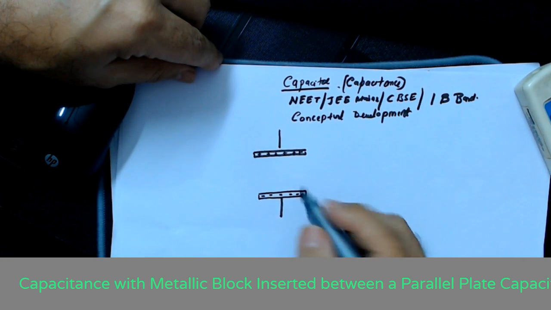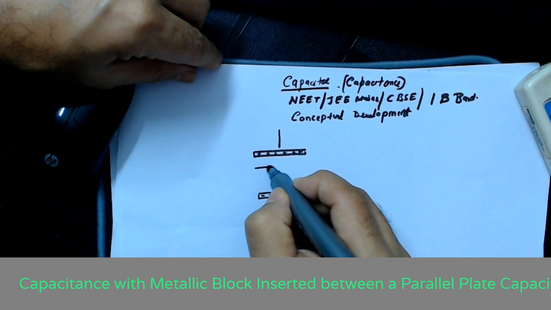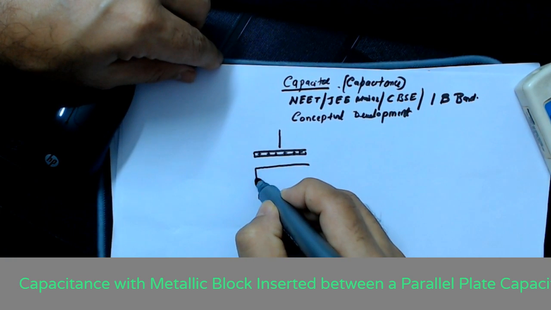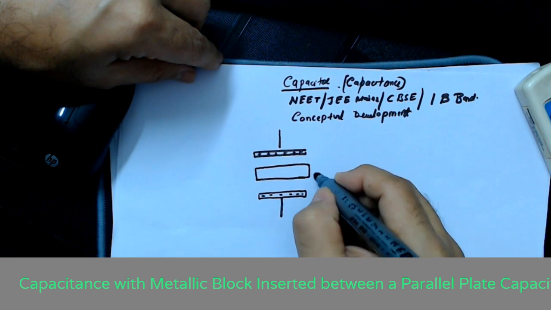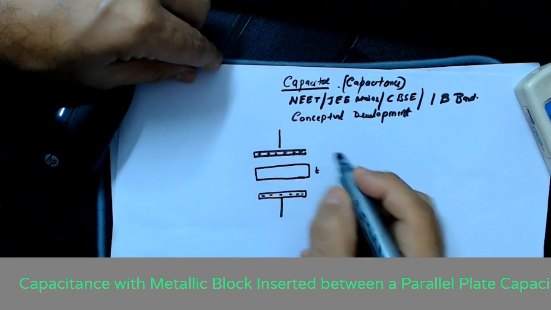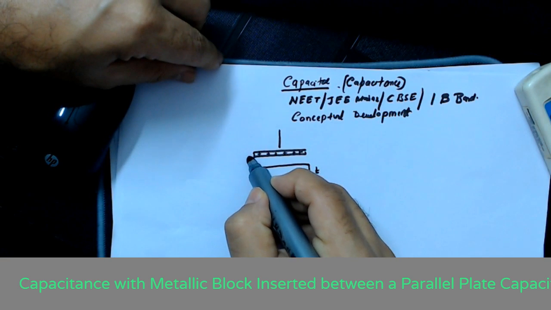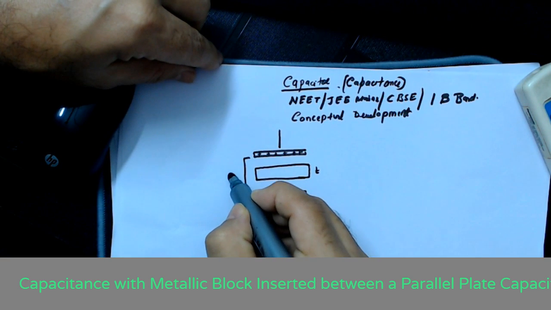The situation is that you introduce a metallic plate or block of some thickness T, and the distance between the capacitor plates is given to be D.